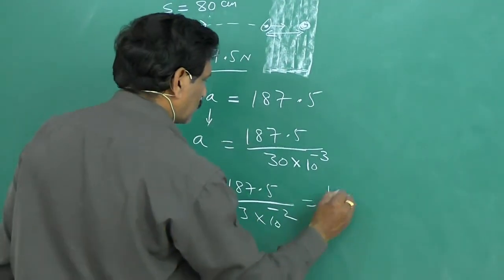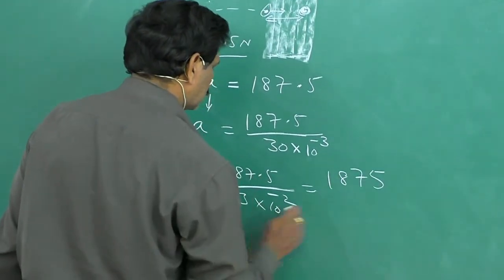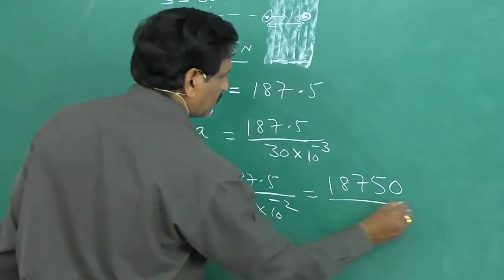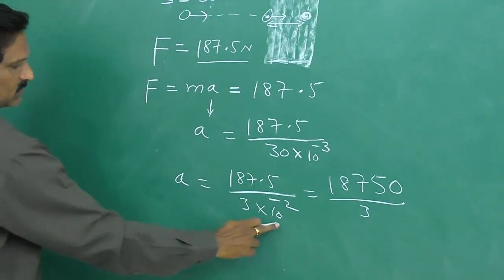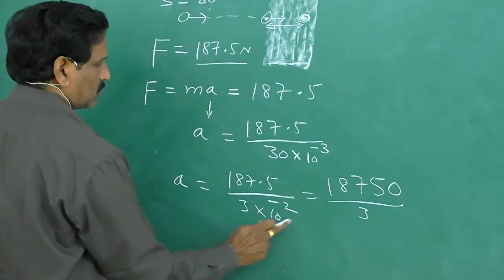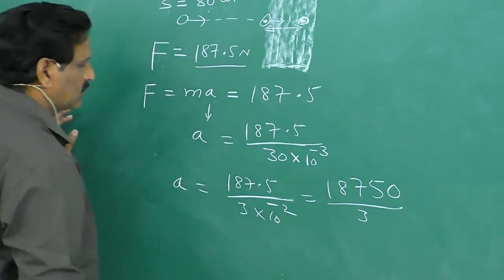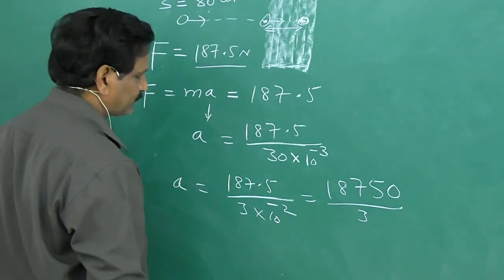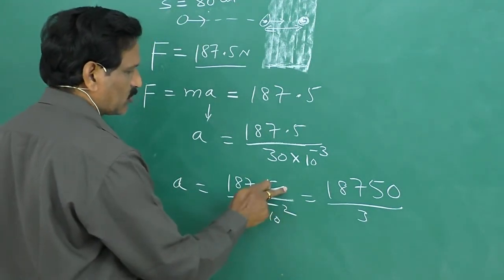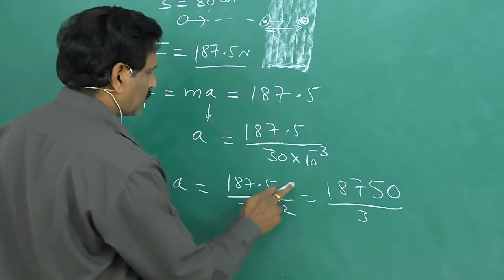Hence we get 187.5 by 3, because this 10 power minus 2 becomes 10 power plus 2 upon going to the numerator. So 10 power plus 2 means 100.